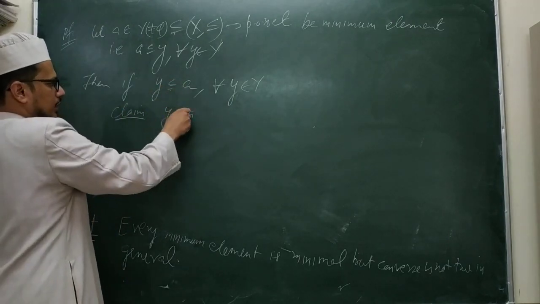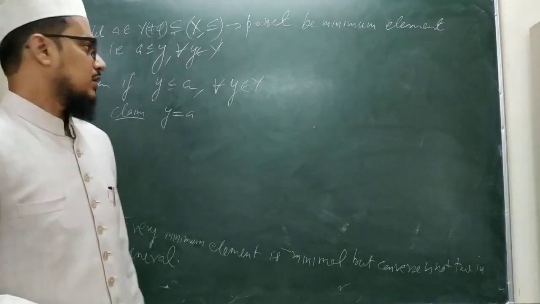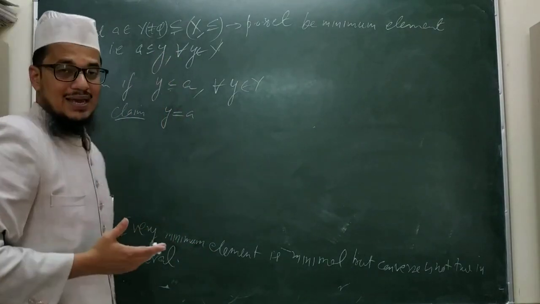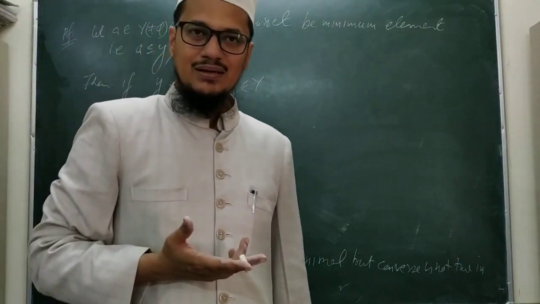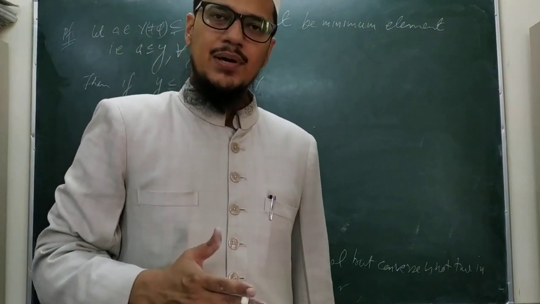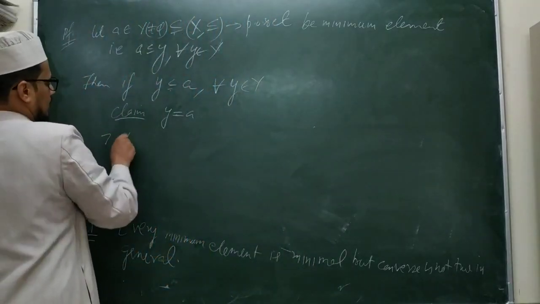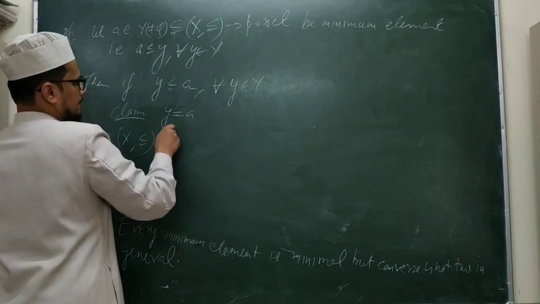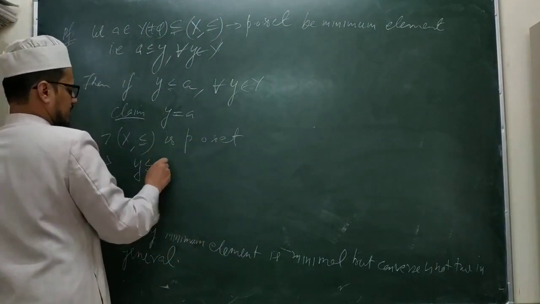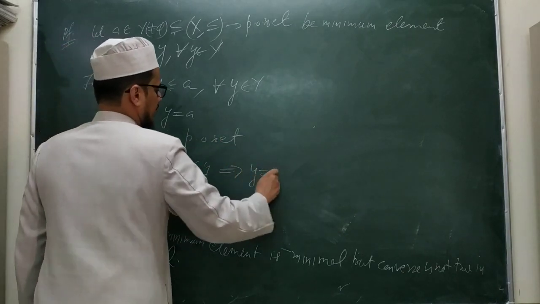If y less than or equal to a implies y equal to a, then a becomes a minimal element. It's obvious, because a less than or equal to y, y less than or equal to a, and we are in a partial ordered set. By the antisymmetric property, y and a become equal to each other. So since X is a partial ordered set, y less than or equal to a and a less than or equal to y implies y is equal to a.